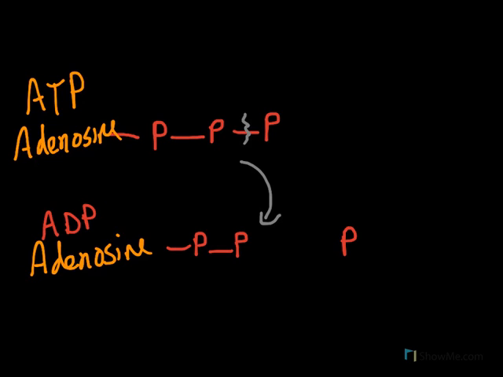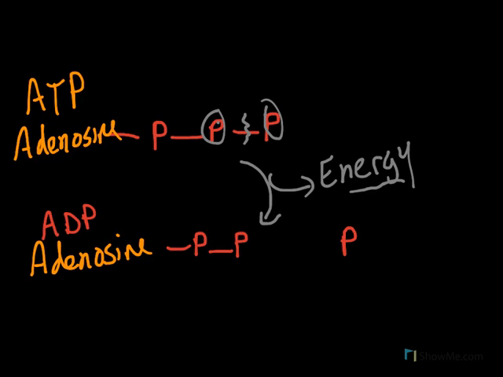Now you have a separate phosphate out there, and energy is released. So now the cell can use that energy for daily processes, because it was stored in the bond between these two phosphates, and we got the energy out.